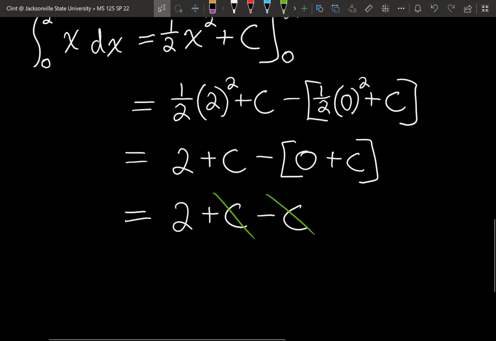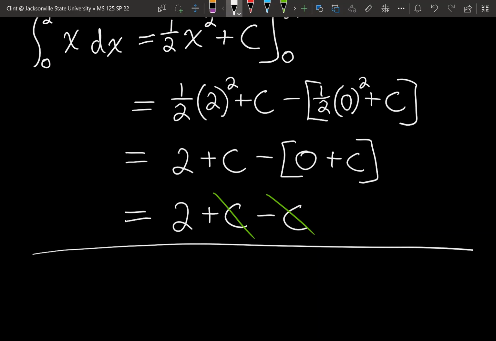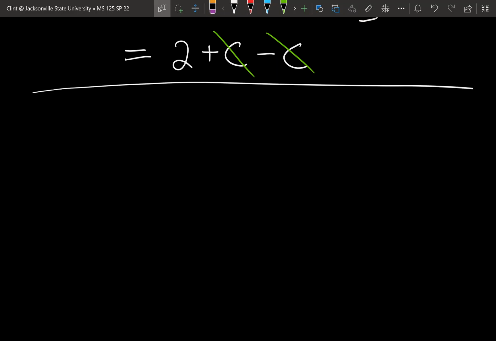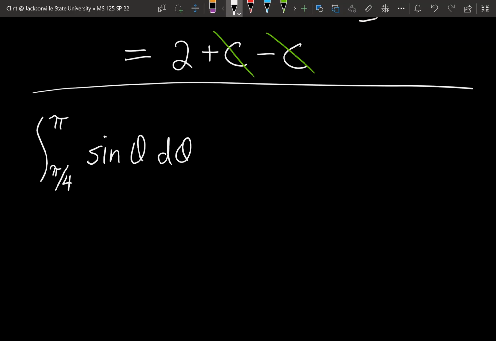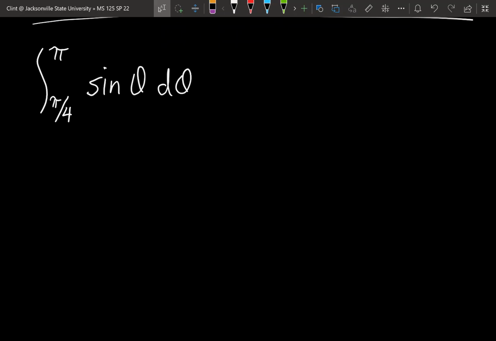Do one more here, and then we'll look back at the slides for a second. For this one, we need an antiderivative of sine.